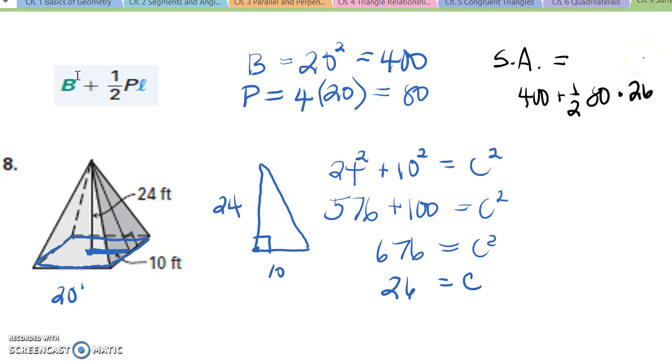So I'll go to the calculator. 400 plus half, 80, times 26, and I get 1,440 feet squared. So that time we did have to use our Pythagorean theorem to find our slant height. So just watch. You won't have to do that all the time, but you may have to do that sometimes.